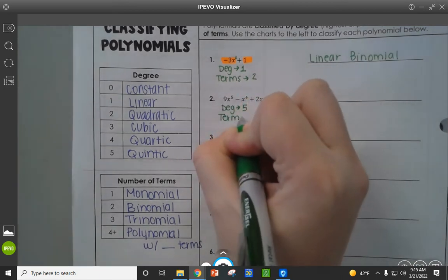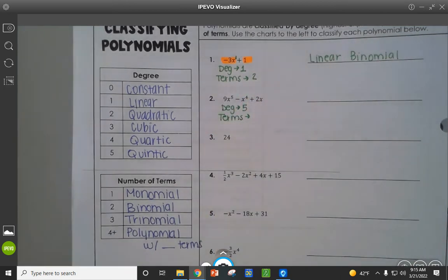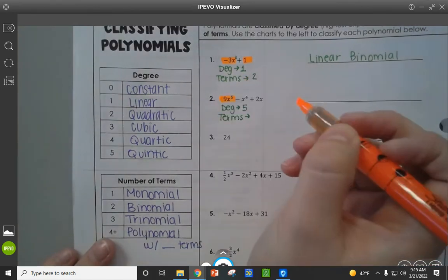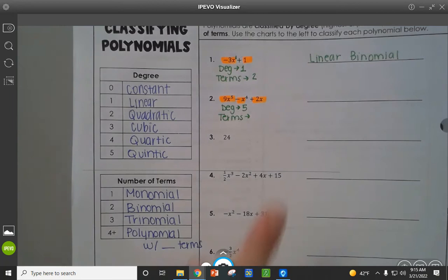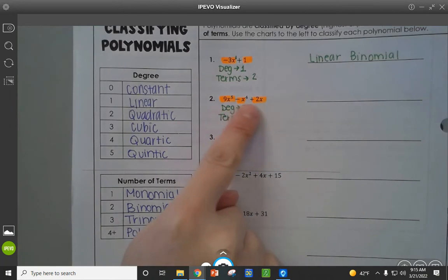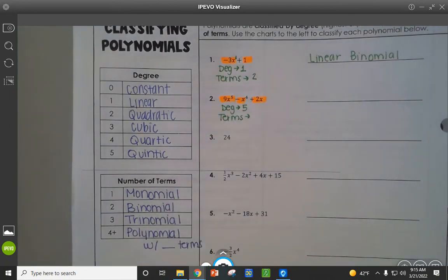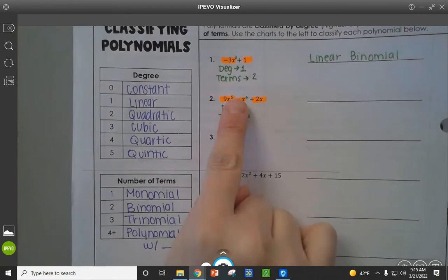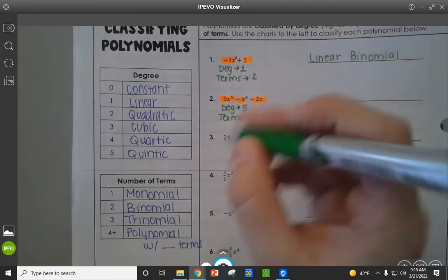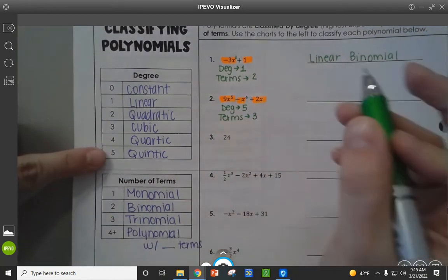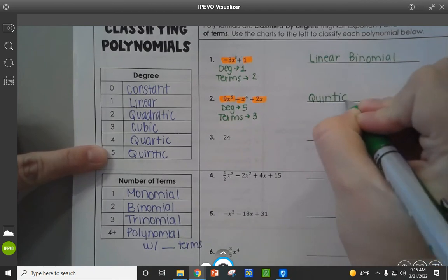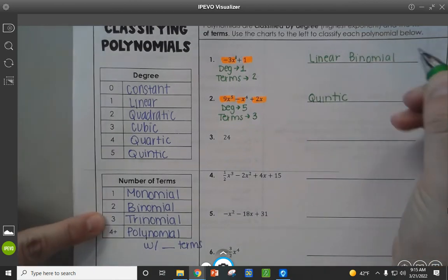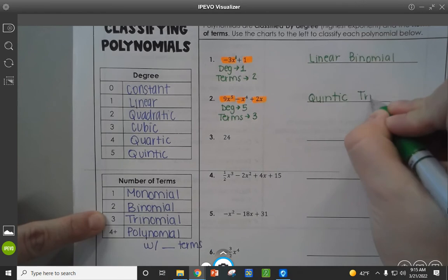How many terms does it have? 3. 1, 2, 3. Each time there's an addition or subtraction here in the middle, that separates a term. So I have 1, 2, 3. So a degree of 5 is a quintic. 3 terms, trinomial.